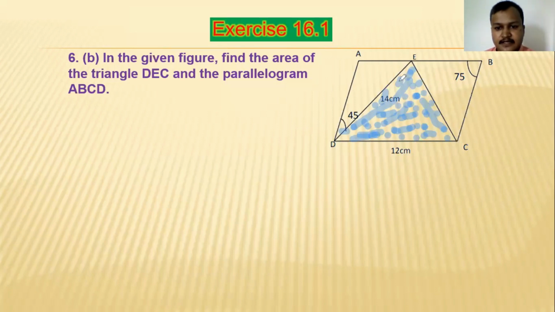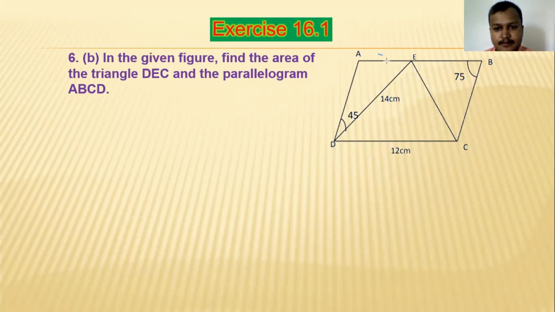Because of that reason, let me tell you that if there are parallelograms and triangles formed on the same base, like in this figure, both parallelogram ABCD and triangle DEC have base DC. This is the common base for both the triangle and the parallelogram.